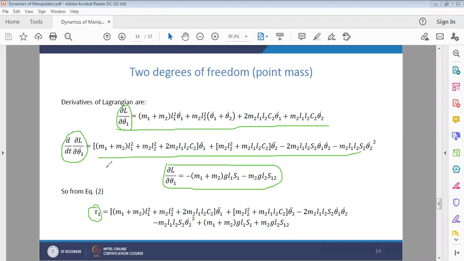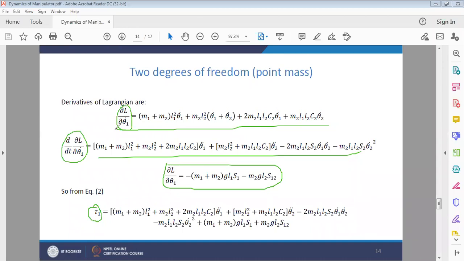So here we did just with respect to theta 1 dot and theta 1. Next, the function L has another velocity theta 2 dot and another variable theta 2, so we do it with respect to those as well.